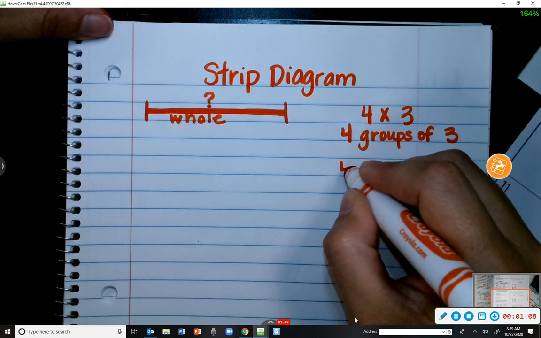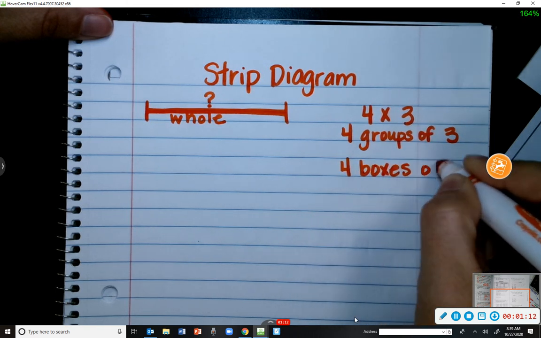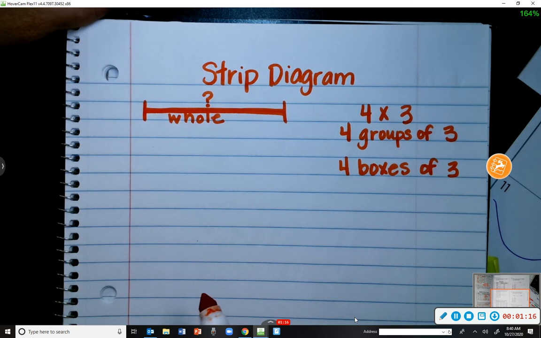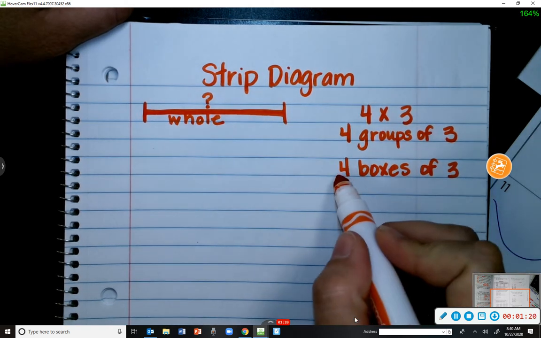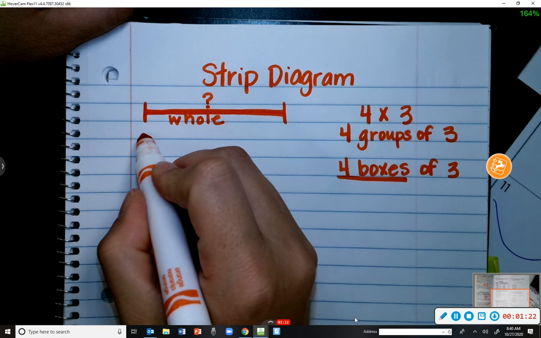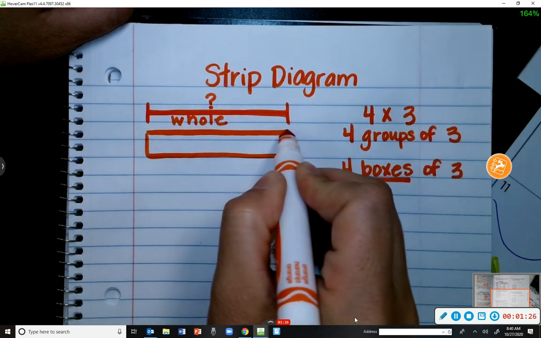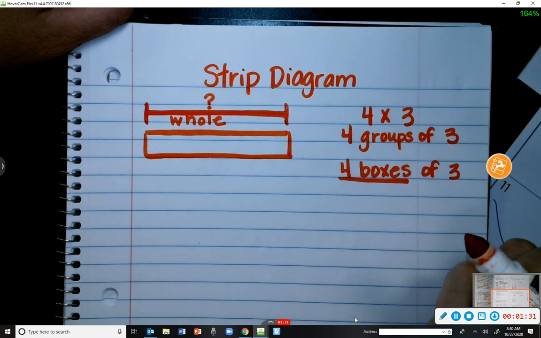So now we would have 4 boxes of 3. So it's kind of like equal groups, but we don't have a bunch of dots. We're just going to draw 4 boxes, and it's going to take up the whole length of this whole line that we drew, okay?